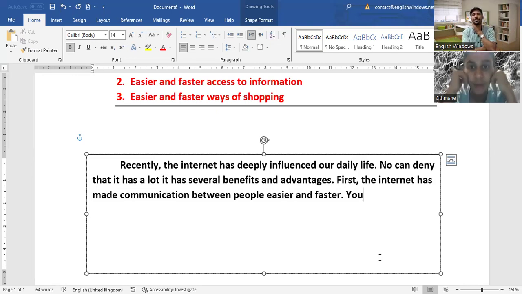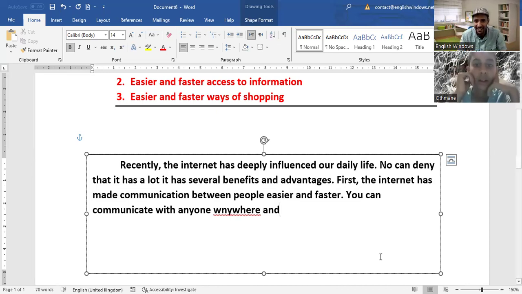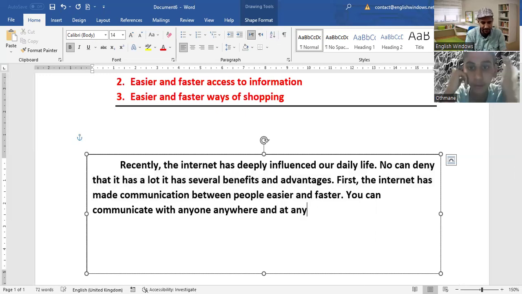In other words, you can communicate with someone in other countries. We can communicate with anyone, anywhere and at any time.